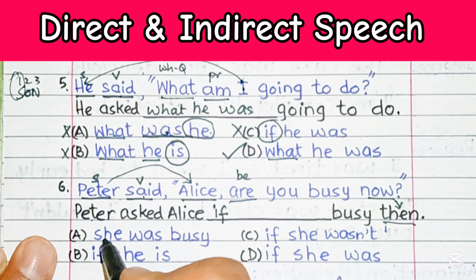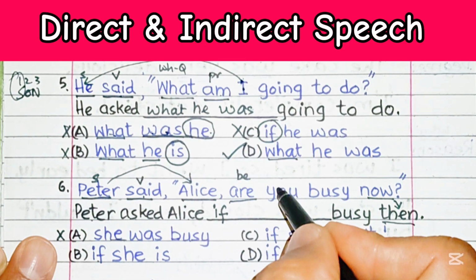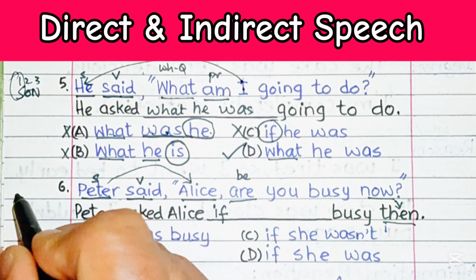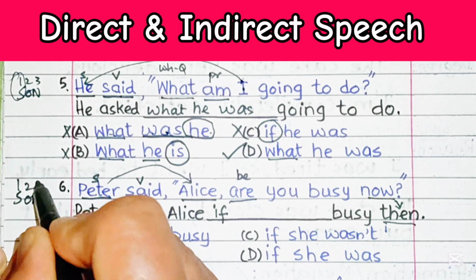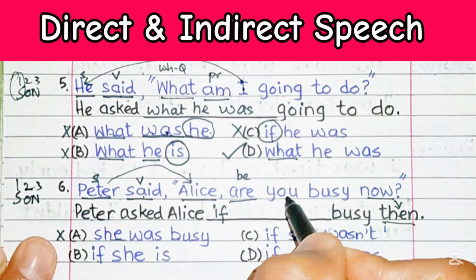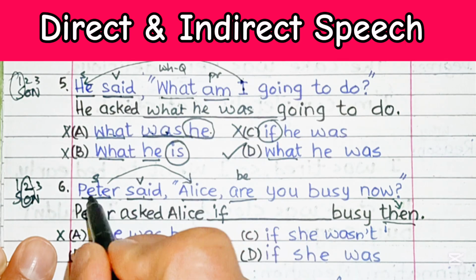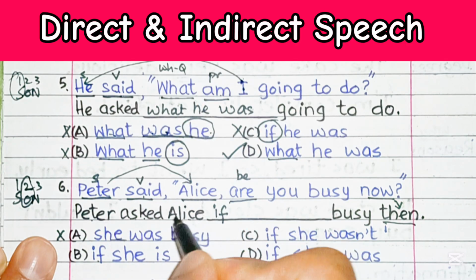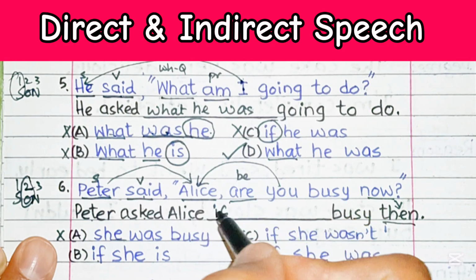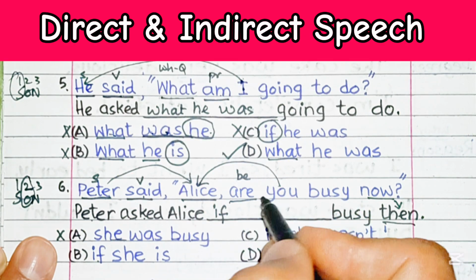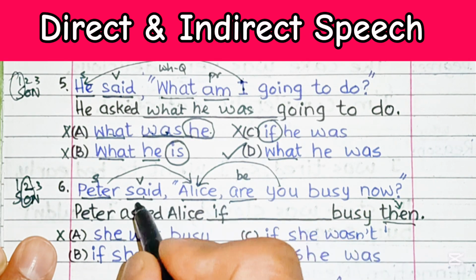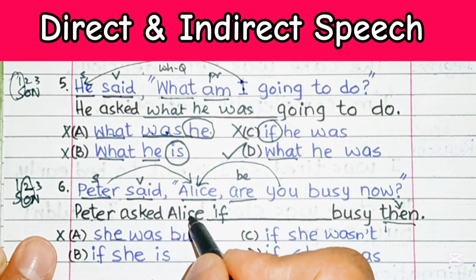So there is no if over here, so this does not qualify. But the rest of the three options are having if. Then you is to be changed with the object. We know the SON pattern helps us: 1, 2, 3. Second person, you is second person, so this is to be changed with the object, and over here the addressee is Alice. Peter asked Alice, so Alice is the new object. Peter asked Alice if.